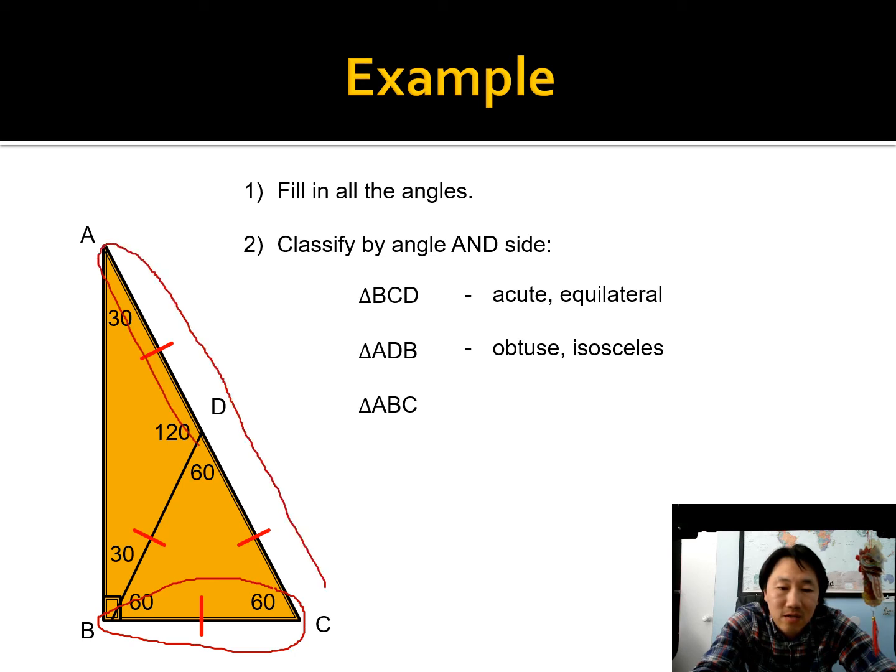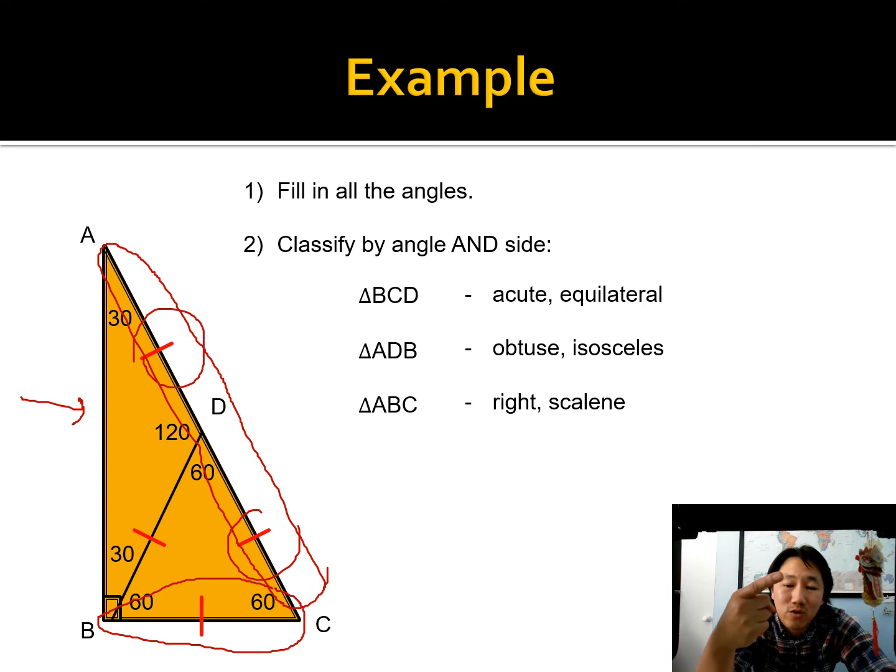This one has one dash, and then another one dash, which means it's going to be twice as long. So they're obviously not the same distance. And this one has no dashes. And so when we have all three sides different, we have scalene. So it's a right triangle and a scalene triangle. So you have to name all of them two different ways.